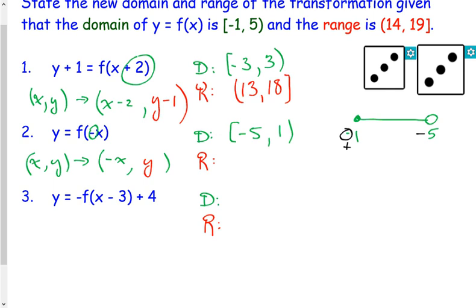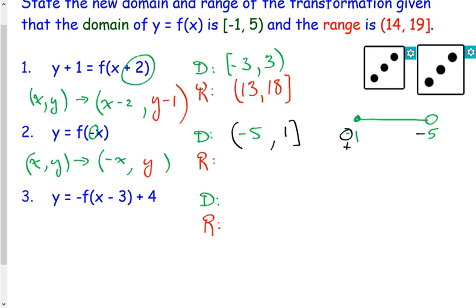We could think of it that way. So this 5 was not included, so the -5 also not included. The 1 was included. So now the positive 1 will be included.